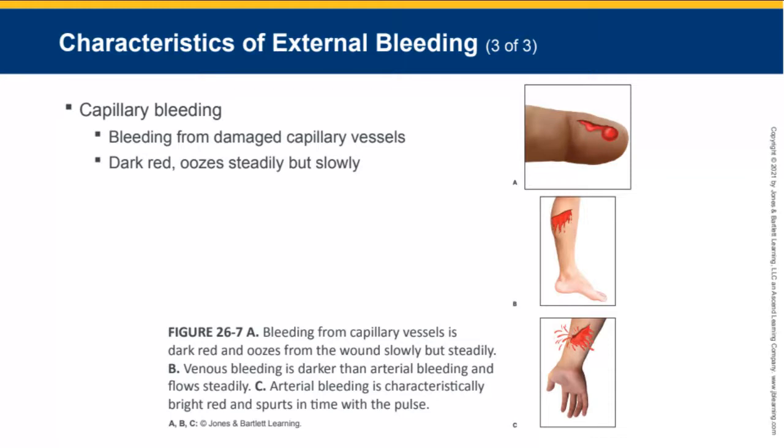Venous bleeding, as I mentioned previously, is darker than arterial bleeding and flows steadily. Arterial bleeding is characteristically bright red and spurts in time with the pulse. So the most difficult one to control is going to be arterial bleeding.